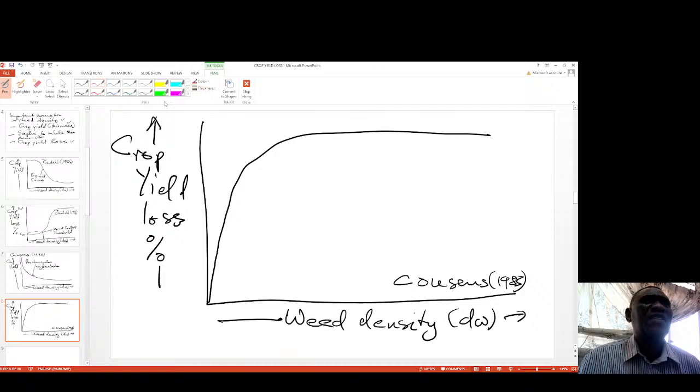So from this model, we can identify two things. We can compute a parameter A, which is the maximum yield loss.